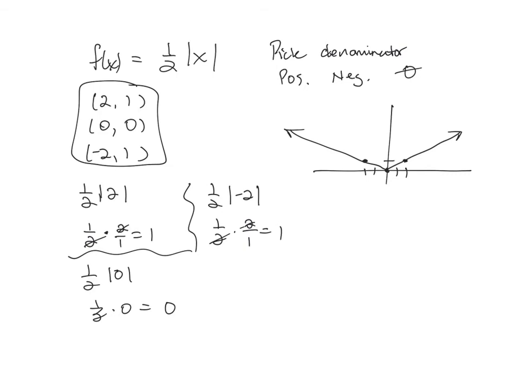So instead of over 2, up 2, the parent graph puts us up here and up here. Like the red one is the parent graph, and the black one is what we just did. So instead of going up to the red graph, which is our beginning point, it didn't go up high enough. The distance from the x-axis got smaller.